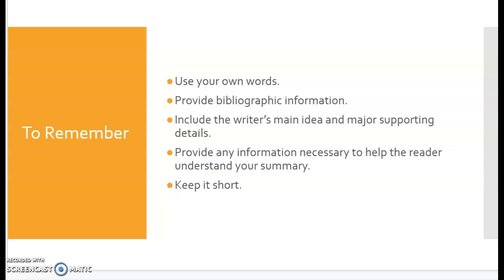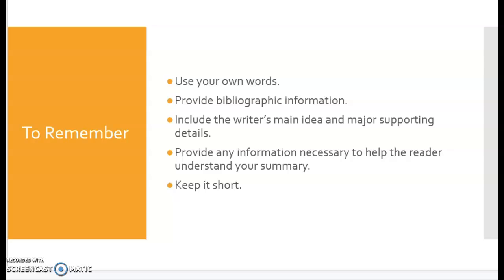You don't bring any of your insight, any of your experience, any of your prior knowledge. You keep yourself out of the summary. When you're writing the response, which is the second part, that's when you're going to bring your knowledge in. But you are really summarizing what the author says and how the author supports his or her thesis.